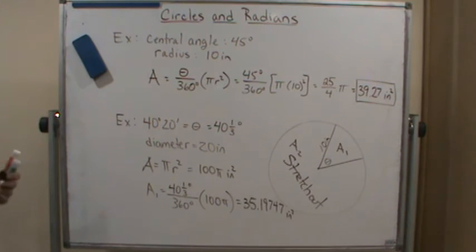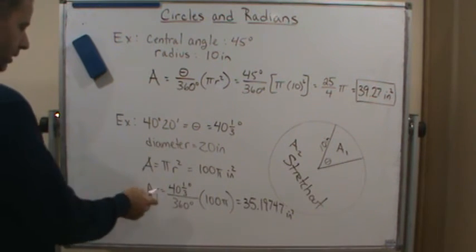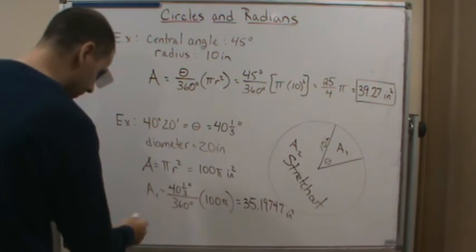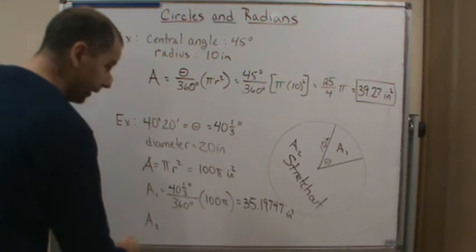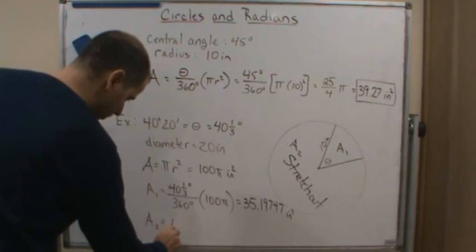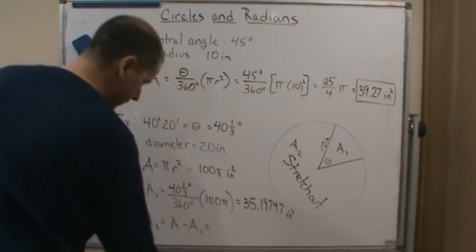Now, to find the area of the stretch out, we just take the two and subtract. The area 2 is equal to the area of the circle minus the area of the sector.